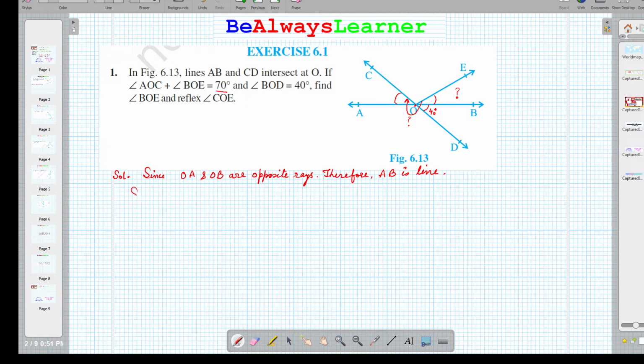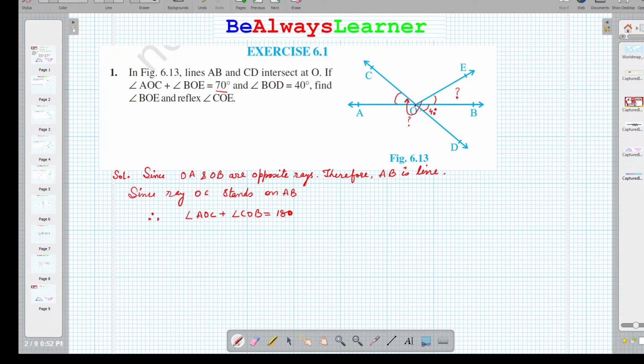Since ray OC stands on AB, right? So we can write that angle AOC plus angle COB is 180 degrees.